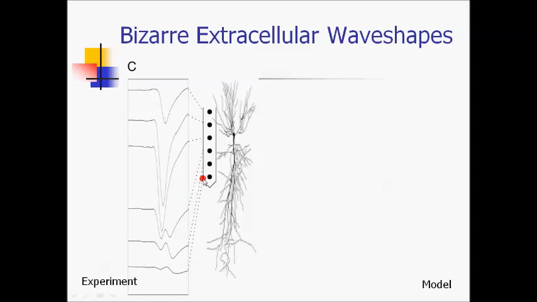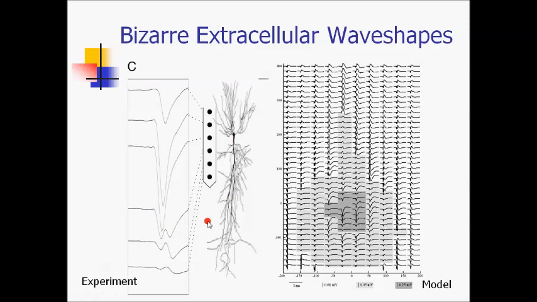Sometimes those waveforms can have really bizarre shapes when we put electrodes closer to dendrites than to the cell body. Some people spend a substantial amount of time trying to understand it.